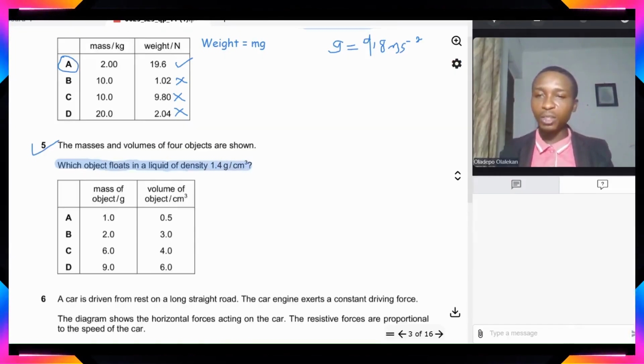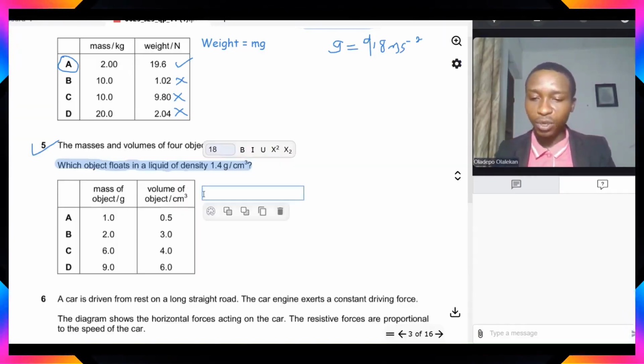In order to solve this problem, we need to know the density of the corresponding objects that we have in the question. The formula of density equals mass over volume.